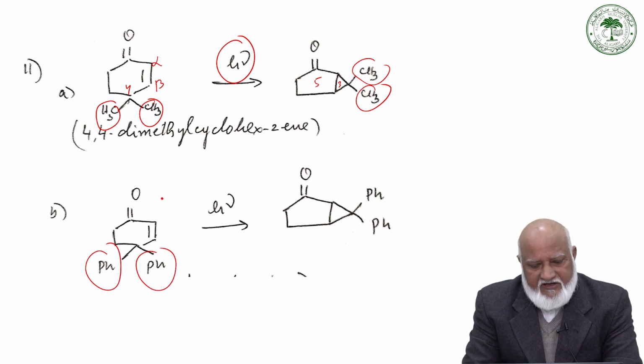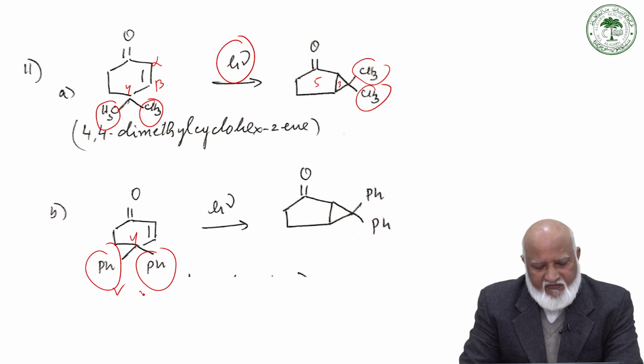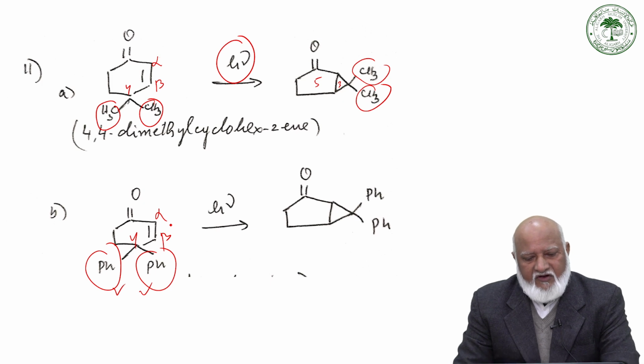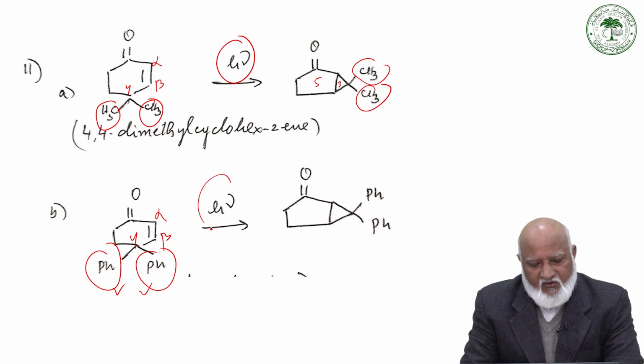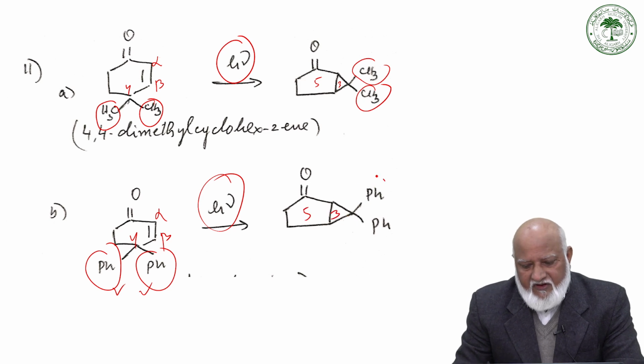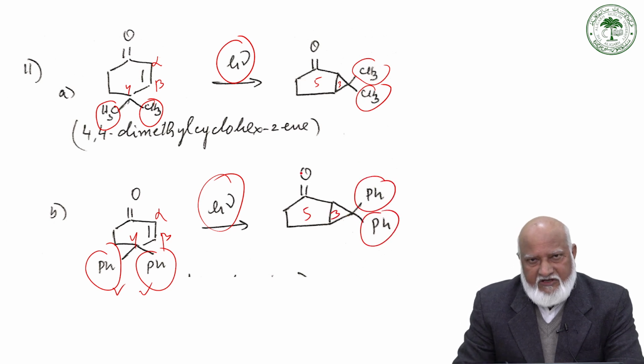There is a similar example here as well, when the 4th position is substituted with a diphenyl group. It is also an alpha beta cyclohexenone. 4,4 diphenyl cyclohex-2-enone under photolytic conditions undergoes a similar rearrangement giving rise to a 5 plus 3 system where the 2 phenyl groups remain the same.